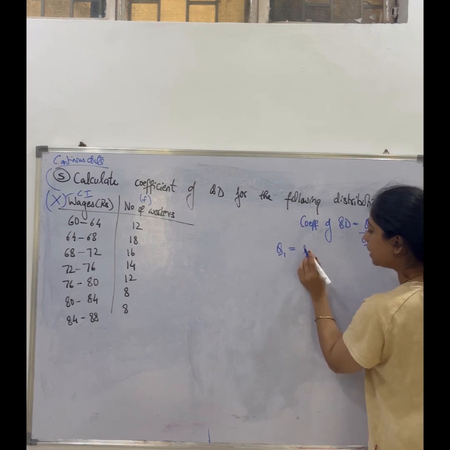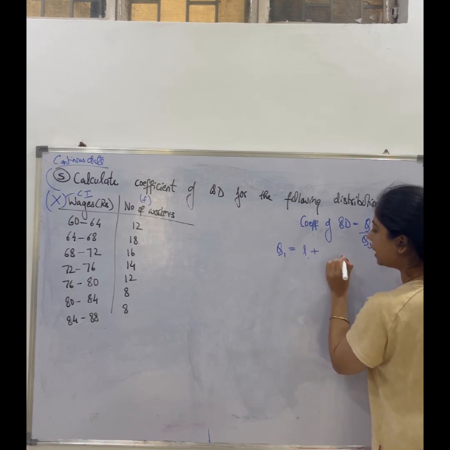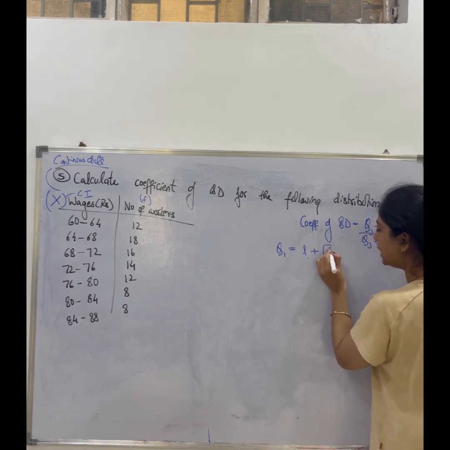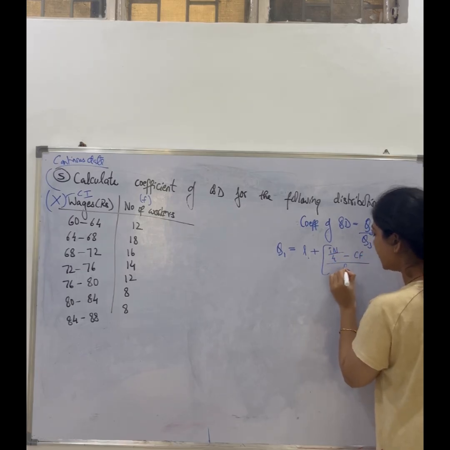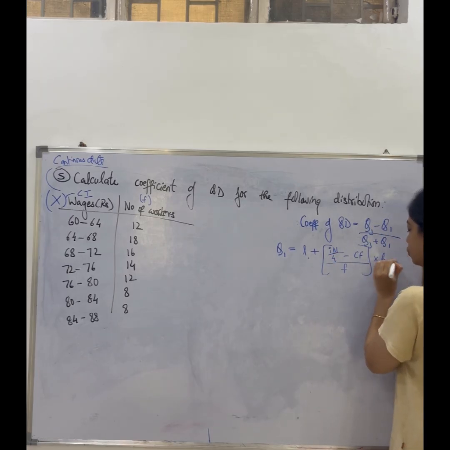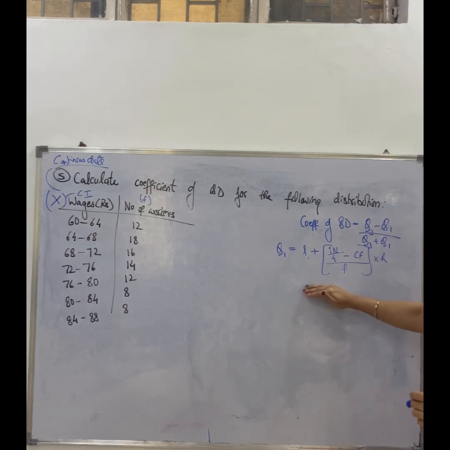It is L plus (N by 4 minus CF) by F into H, right? So we have to get all these values in order to calculate your Q1. Now in order to get all these values, how do we know which lower limit to take, which CF to be taken, which frequency to be taken, and what is the width size?